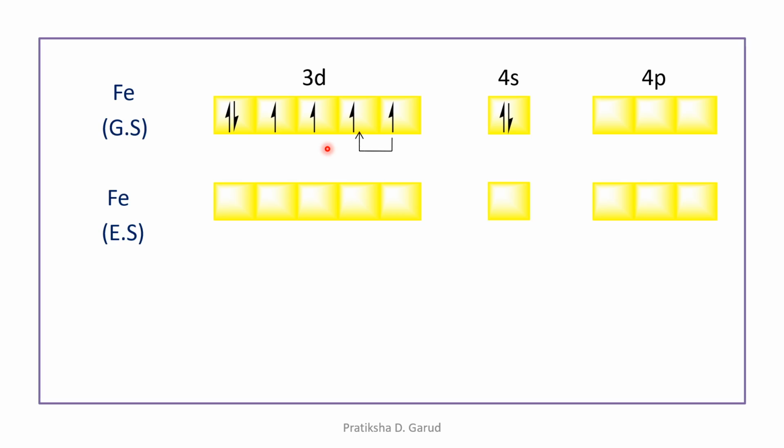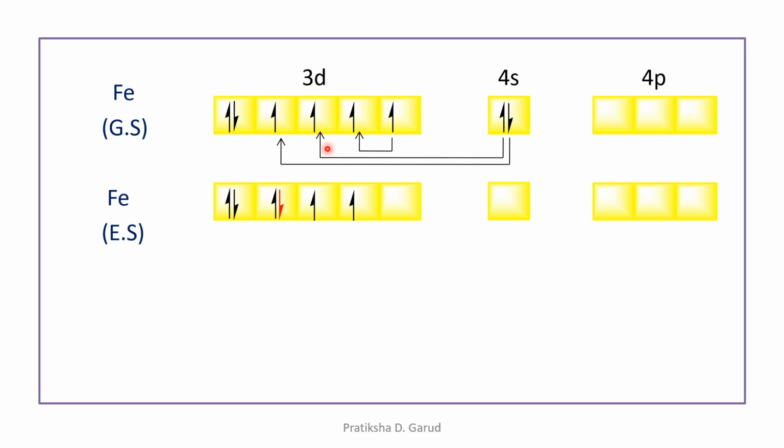Like this, the first electron is shifted to the adjacent, then the next electron from the 4s will be paired up in the 3d, and the second electron from the 4s is paired up with the second electron. So we have the first electron, second electron, third electron, fourth electron, right? They are the unpaired electrons. Then the fourth electron is as it is.